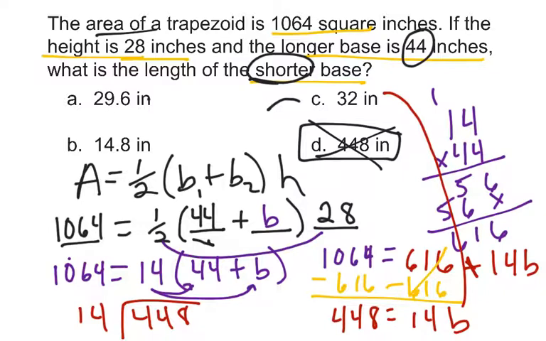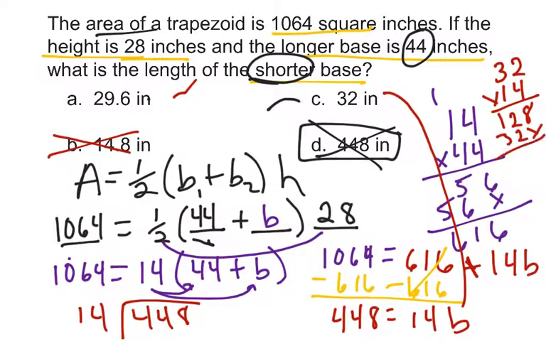So we can eliminate choice B if you recognize that, and that has to do with your division skills. So we can see if 32 times 14, I would start with the whole number because that way you can avoid the decimal possibly. When we add them together, we get 448.